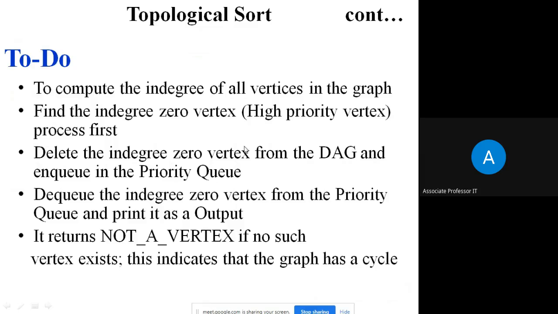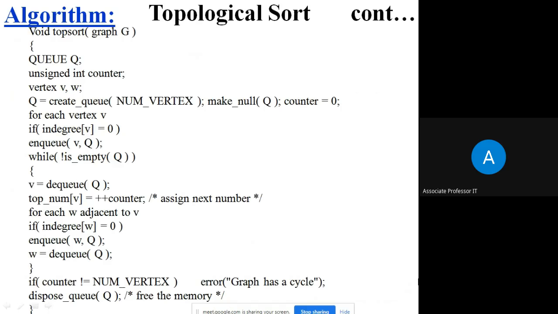See, this is the algorithm of the topological sort. It starts with void. TopSort is the method name, and G is the graph name. Then open curly brace. Q is the queue name.